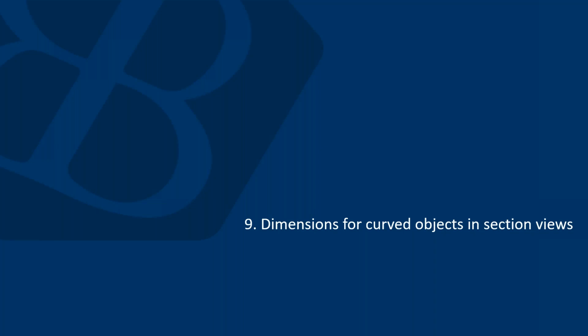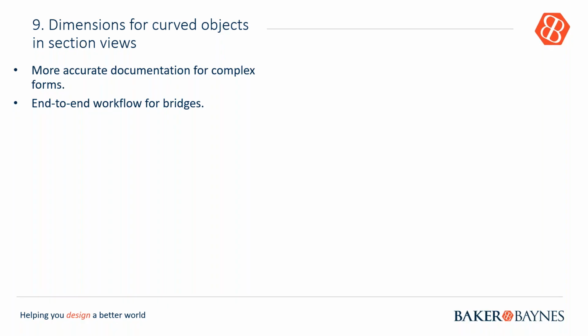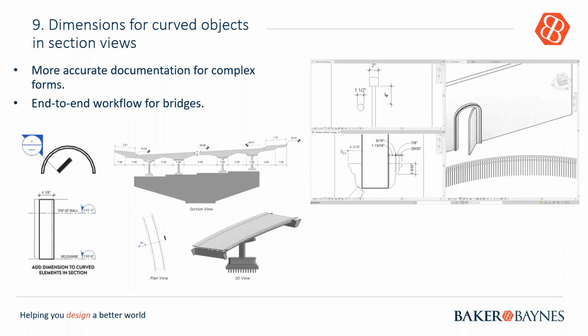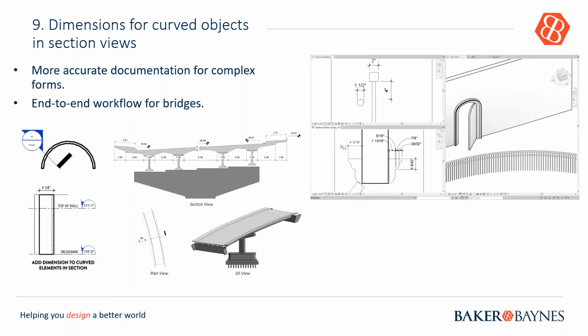When we are looking at dimensions for curved objects, we're looking at things that are more accurate for documentation, and an end-to-end workflow in terms of bridges. Dimensions now work on view-specific geometry, such as the edges or the points created by a view cut.